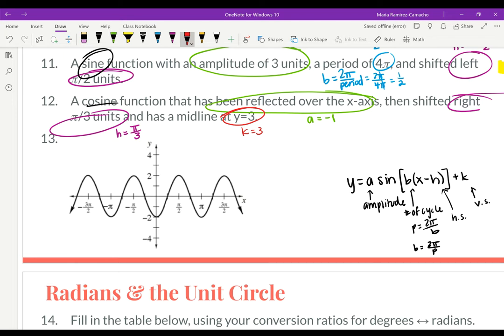There's no mention of the period or anything here, so we can assume that our period is 2 pi and that our B value is just going to be 1. That equation would be y equals negative cosine of x minus pi over 3 plus 3.